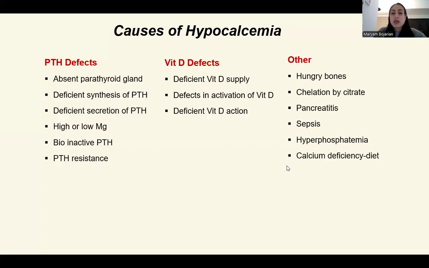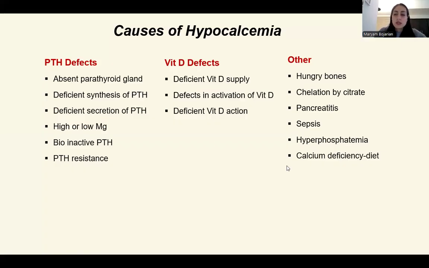Both high and low magnesium levels can decrease PTH secretion, and low magnesium is defined as less than 0.8 milliequivalent per liter. Severe low magnesium impairs PTH gland function, and can basically paralyze PTH secretion. Common causes of hypomagnesemia are malabsorption, chronic alcoholism, and prolonged parenteral fluids.